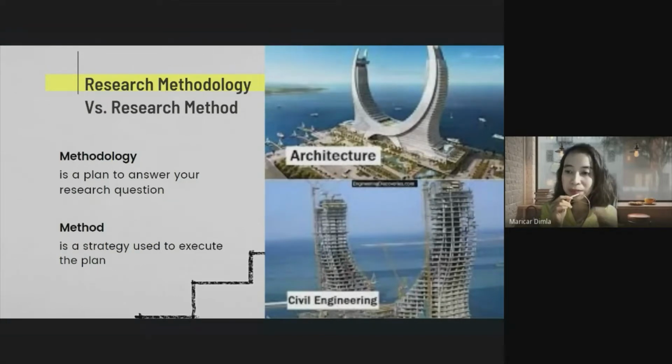When we say methodology, class, it is the entire plan to answer your research questions found on your statement of the problem. And the research method is the strategy that you're going to execute to be able to answer your questions found on your statement of the problem.